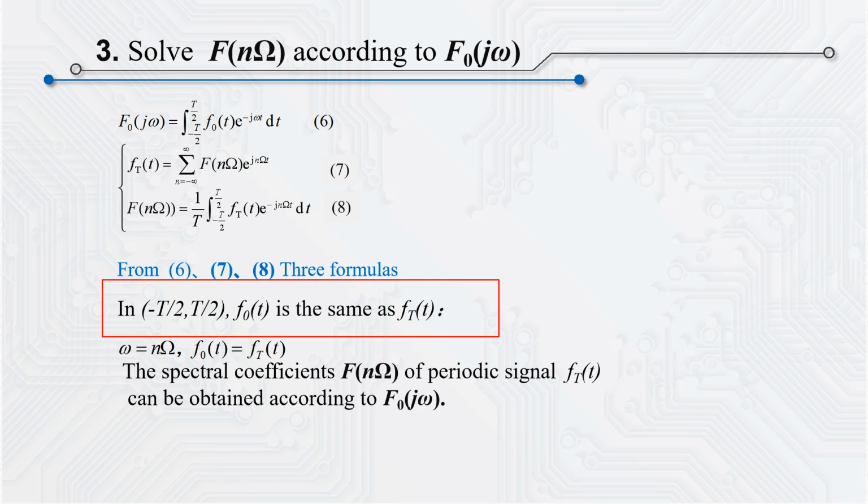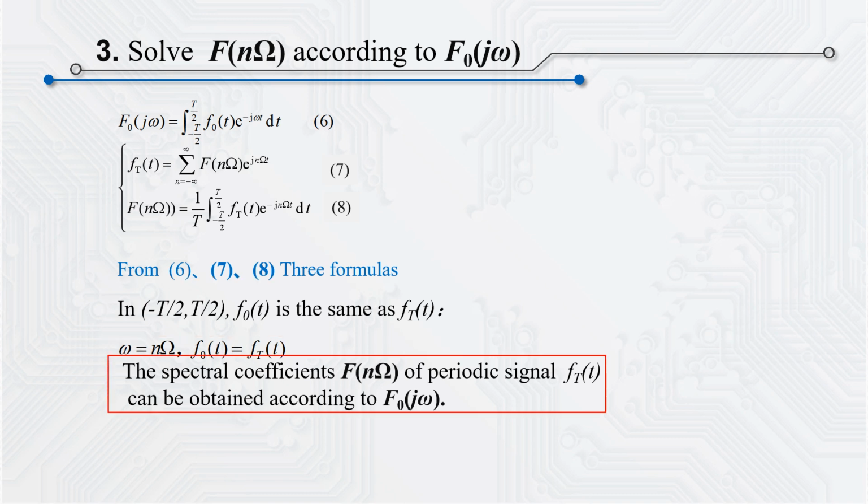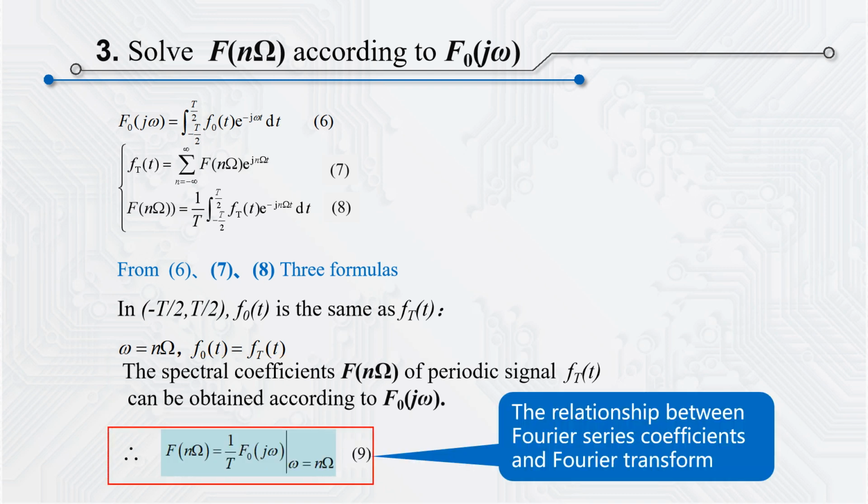Then, when omega equals n omega, the spectral coefficient F(n omega) of the periodic function f(t) can be solved from F0(j omega). As shown in Formula 9, obviously, the spectral coefficient F(n omega) is equal to F0(j omega) over T when omega equals n omega. This is the relationship between Fourier coefficient and Fourier transform.